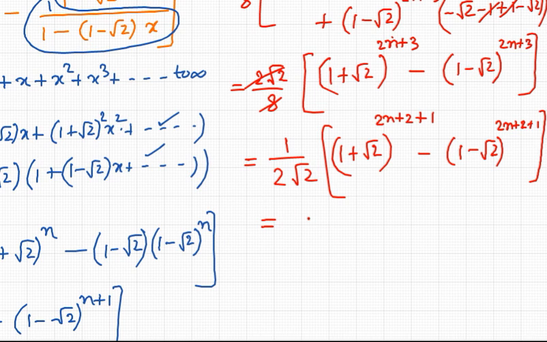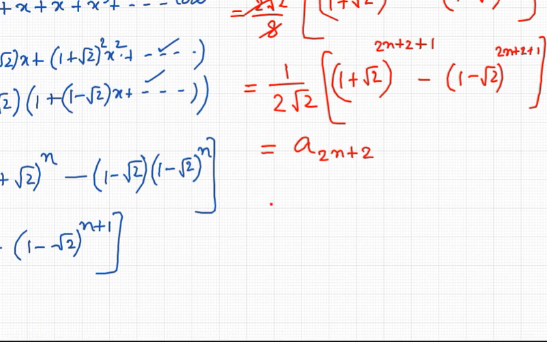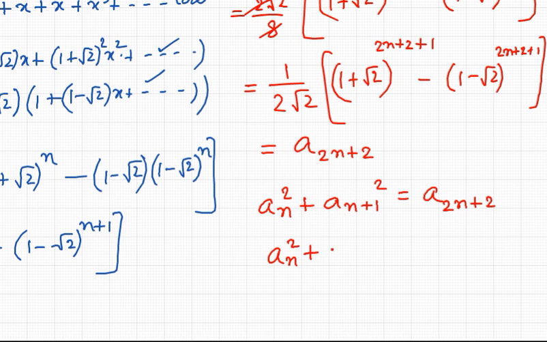So this is nothing but your a 2n plus 2. So we have proved that an square plus an plus 1 square is nothing but a 2n plus 2. So the value that we need to calculate, an square plus an plus 1 square divided by a 2n plus 2, will be 1.